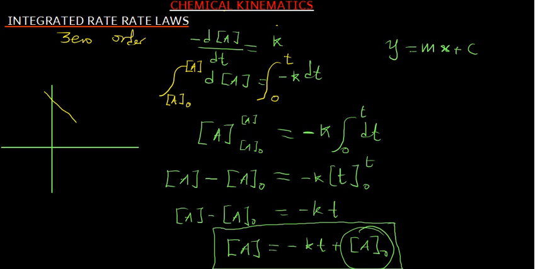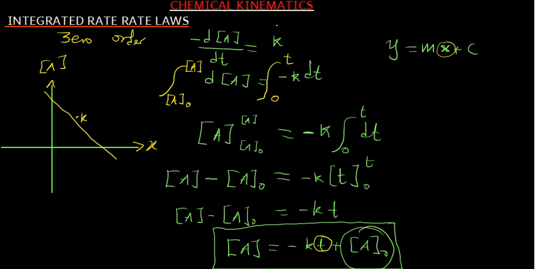It will be reducing like that. Why? Because k is the gradient and the gradient is negative. And then this, as we can see, is the x value, so the x-axis has got t. The y-axis here is this one, which has got the concentration of A.